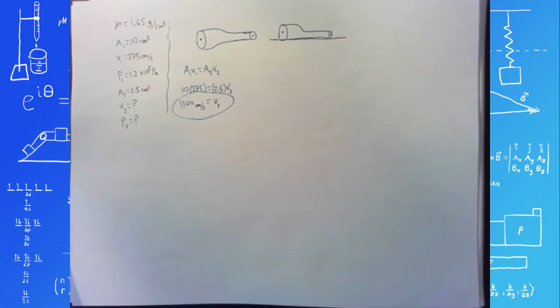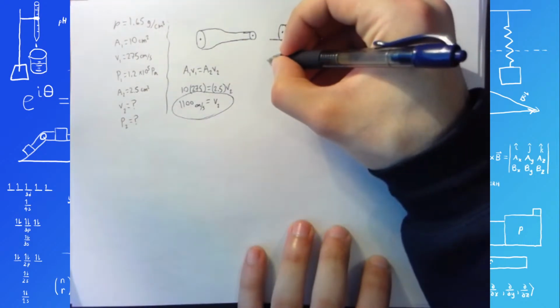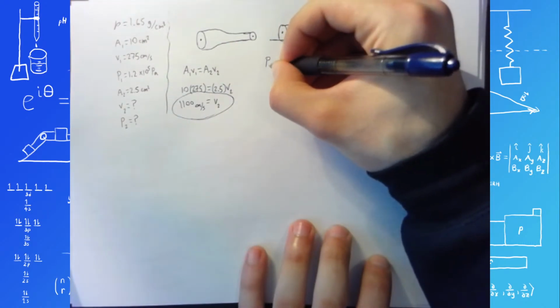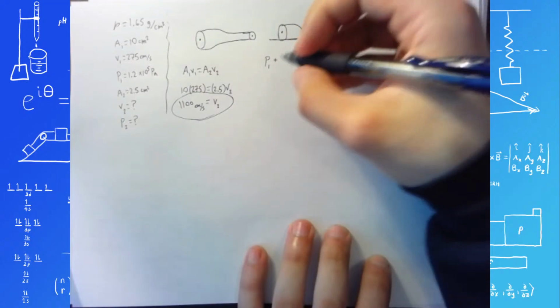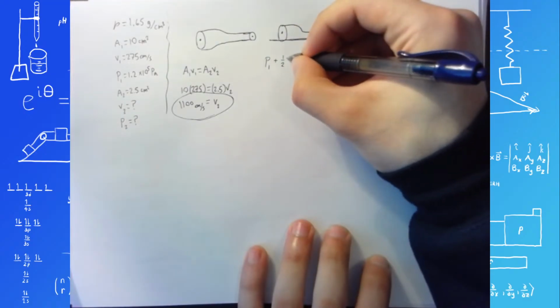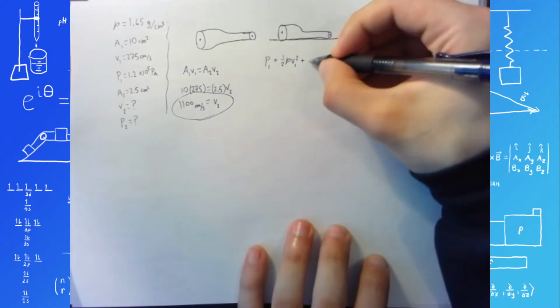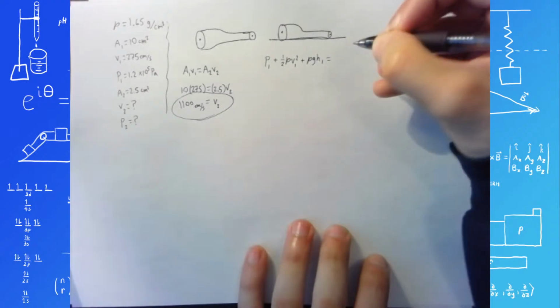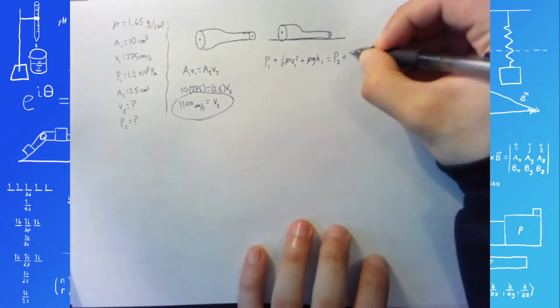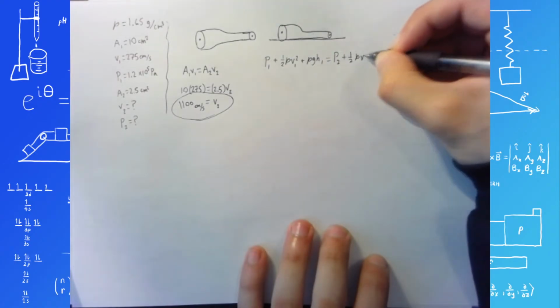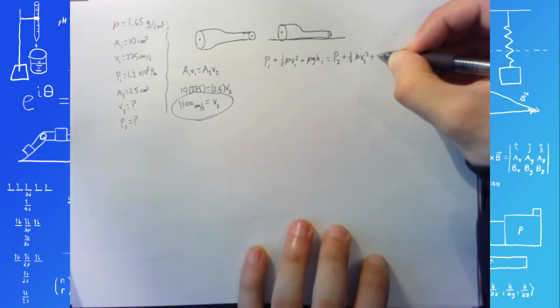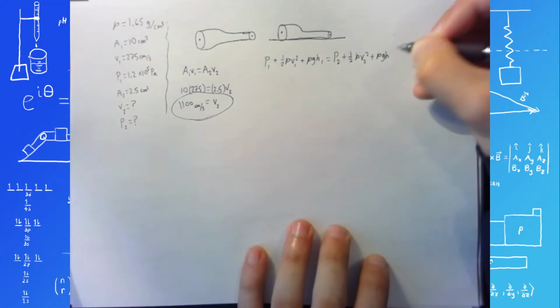Okay, and then the second part was calculate the pressure. So Bernoulli's equation tells us P1 plus 1/2 rho V1 squared plus rho G H1 equals P2 plus 1/2 rho V2 squared plus rho G H2.